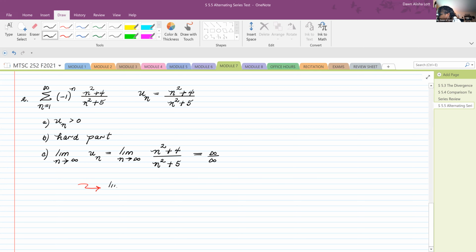So this is the limit as n approaches infinity. Take the derivative, I get 2n. Take the derivative, I get 2n. So that's the limit as n approaches infinity of 1, which is just 1. So this is not equal to 0.